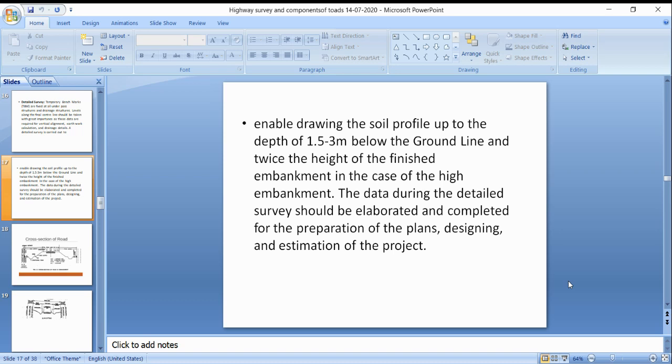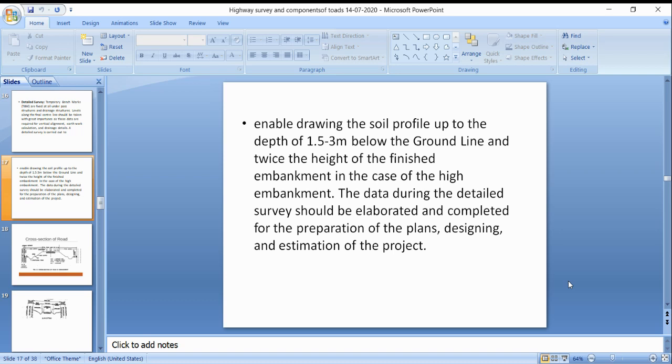We are finding the topography and any quarries at the site, and if there are any curves, the setting of curves, how much radius we have to go. Like that we are doing the final data.